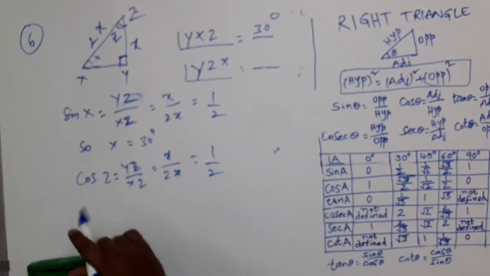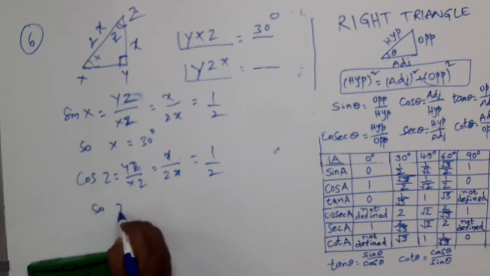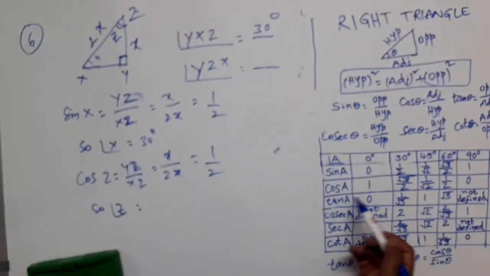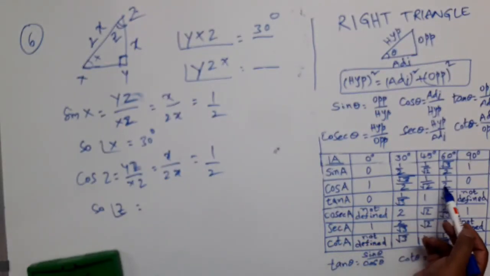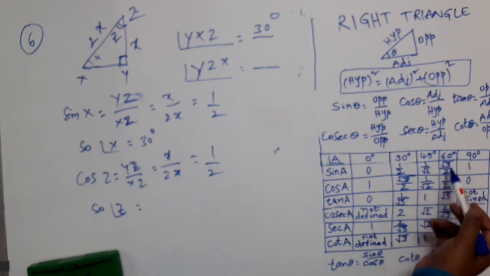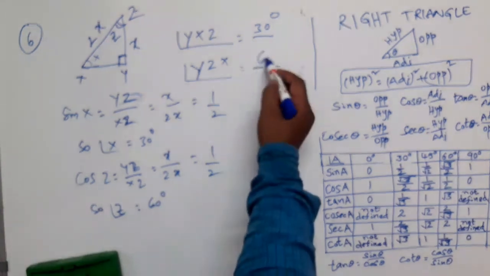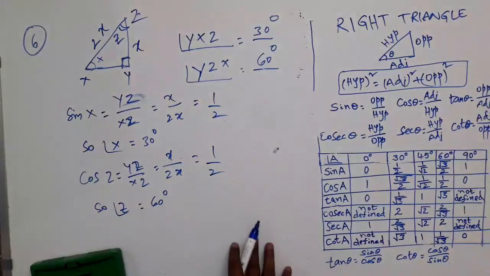Tell me then what will be the value of angle Z? Cos is 1 by 2. From this table, which angle for cos will give you 1 by 2? Yes, this one, 60 degrees, right? Cos 60 degrees is 1 by 2. So angle Z is 60 degrees.